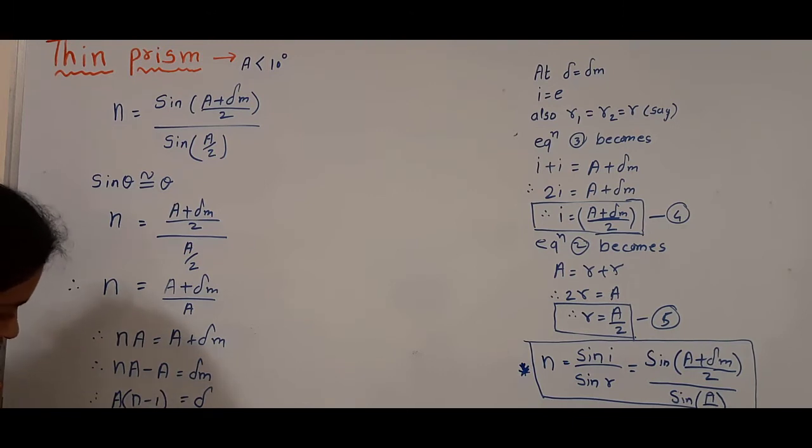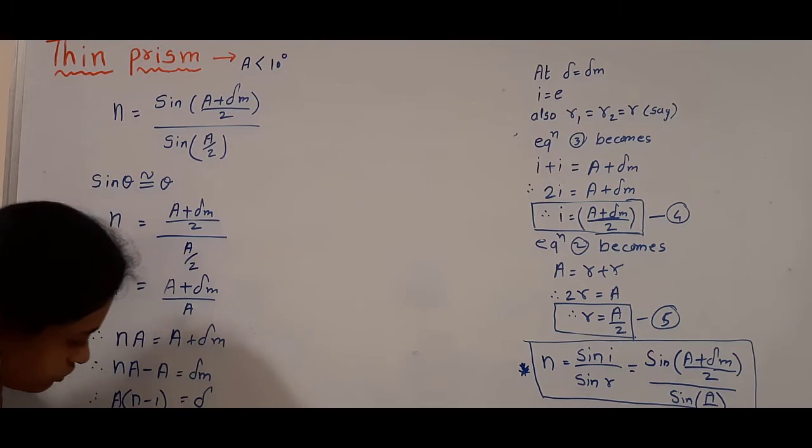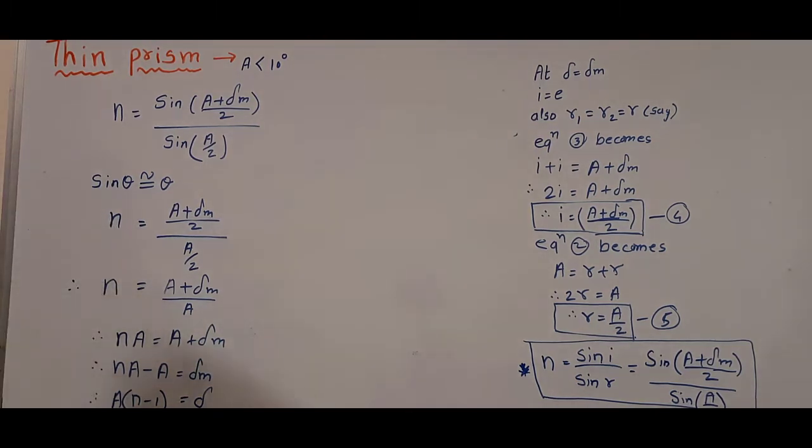Therefore, delta, that is the deviation for the thin prism, is A into bracket n minus 1, where n is the refractive index of the thin prism, A is the angle of the prism, and delta is the deviation for the thin prism. That deviation depends upon the angle of the prism and the refractive index, that is, the material of the prism.